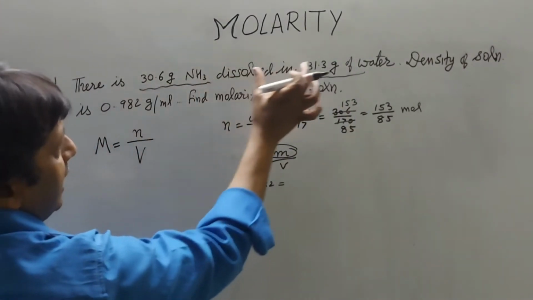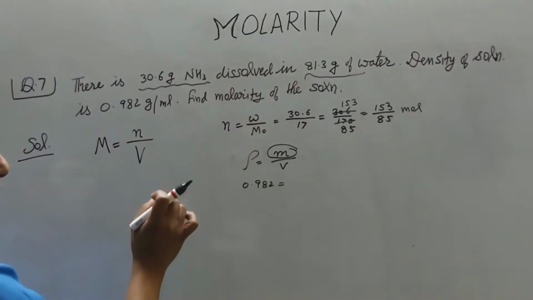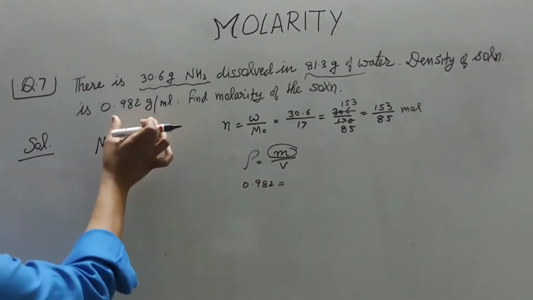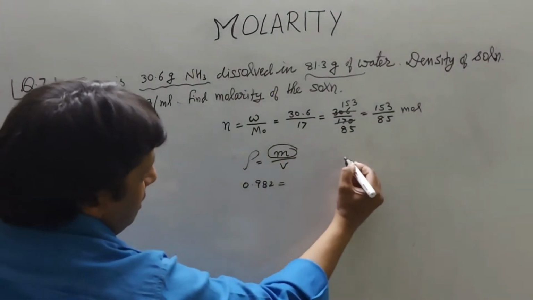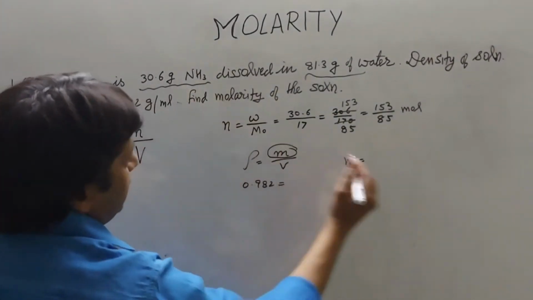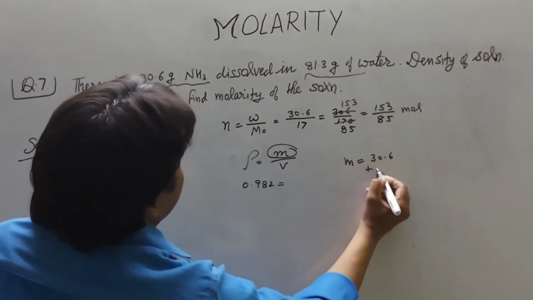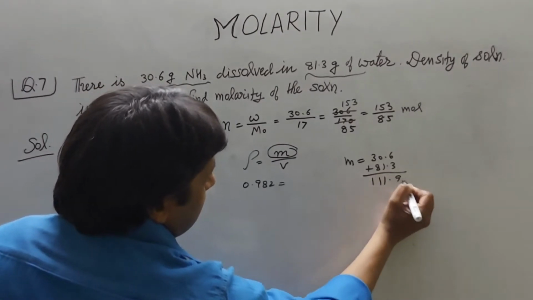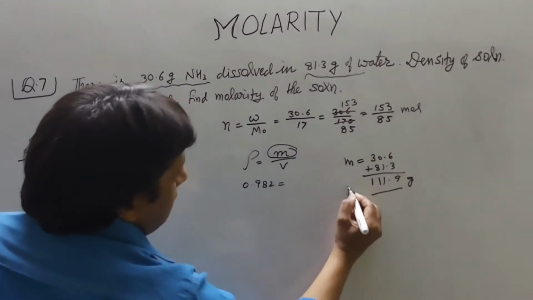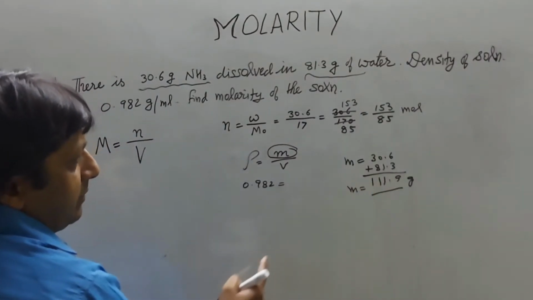That is why we will add the masses of these two components to find the mass of the solution and the density of this solution. Therefore mass will be equal to sum of these two, 30.6 plus 81.3. Mass of the solution is 111.9 gram.